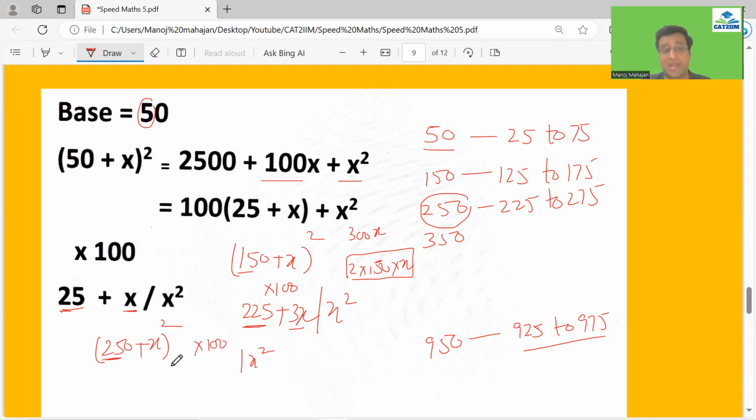What is 25 square? That is nothing but 625, plus 2 into 250 into x, that you can do mentally also. That is nothing but 500x. 100 will be common. So what I'm going to get over here is 5x. So you can see a pattern also: x, 3x, 5x, so 7x, 9x and so on.